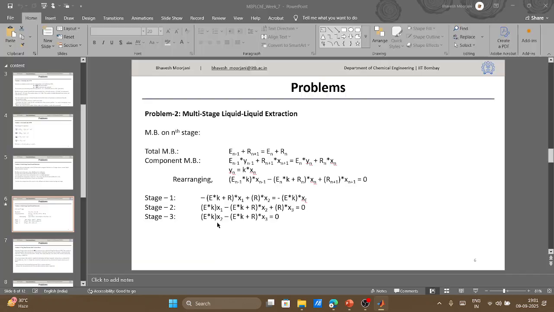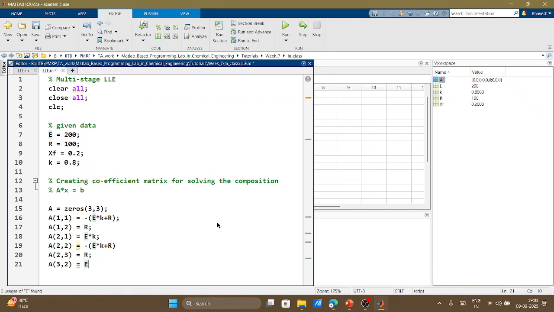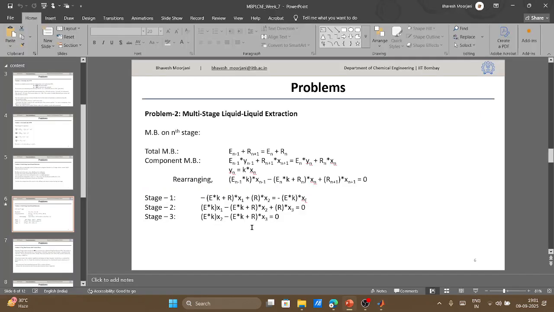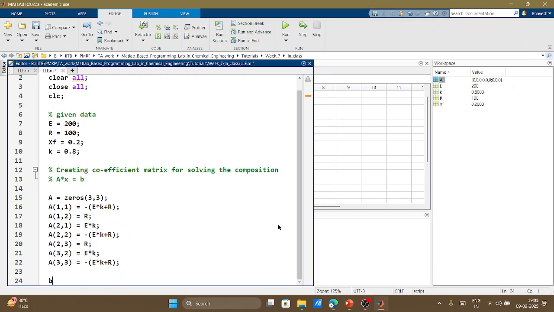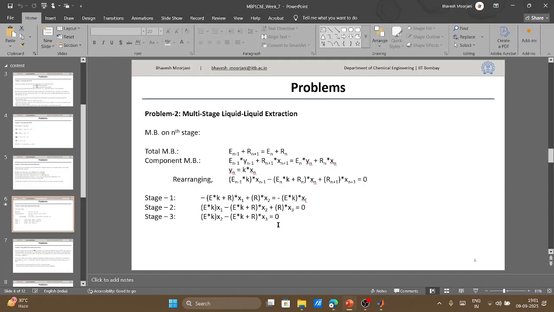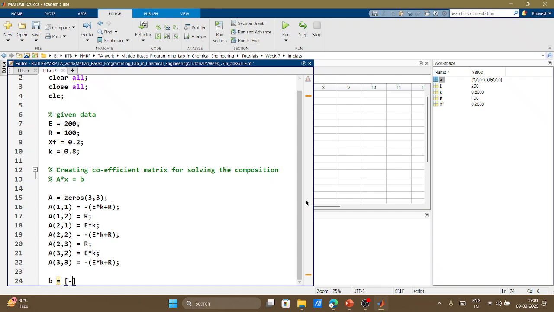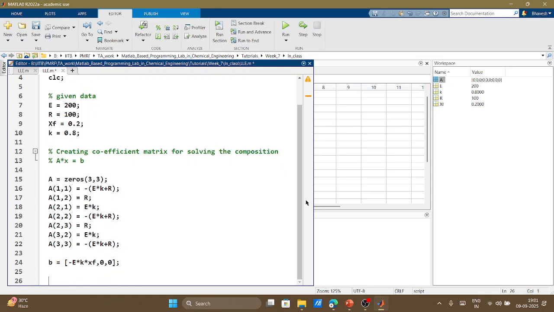Corresponding to x2 we will have positive E into K, so E into K. A(3,3) is given as minus E into K plus R. Now my B matrix is, the first value on the right hand side is minus E into K into XF, so minus E into K into XF, comma 0, comma 0, right?